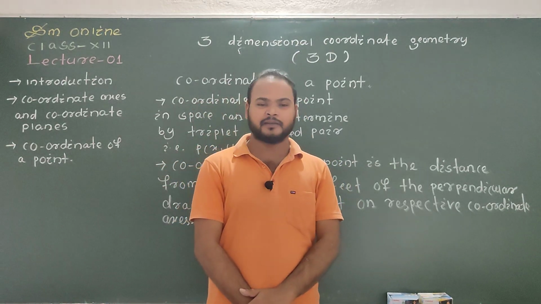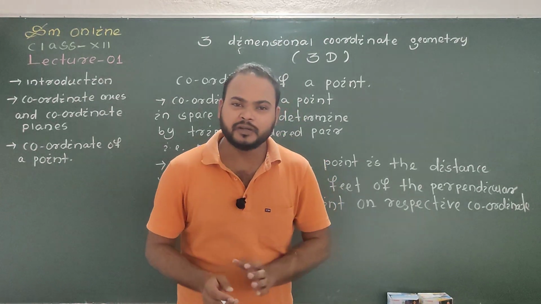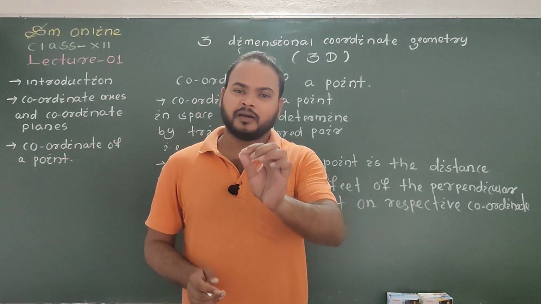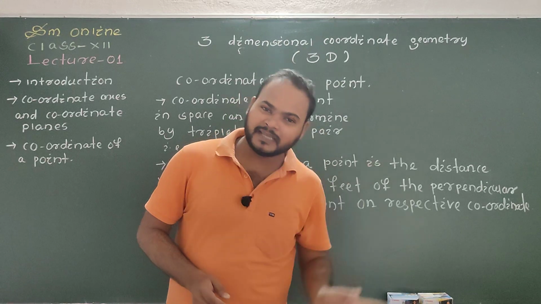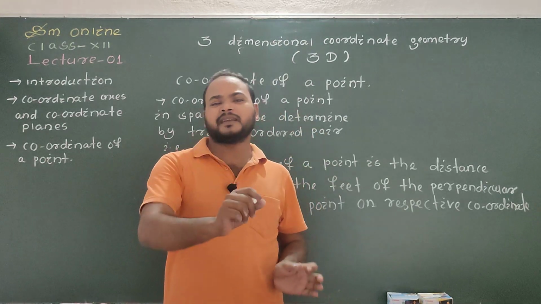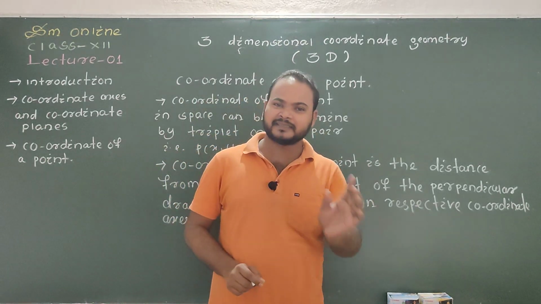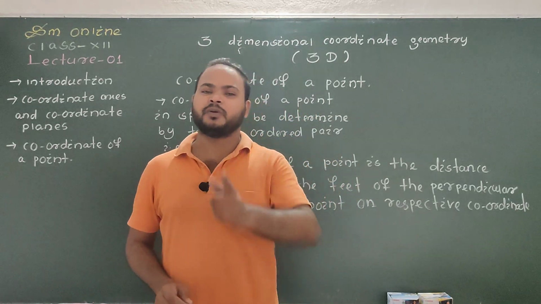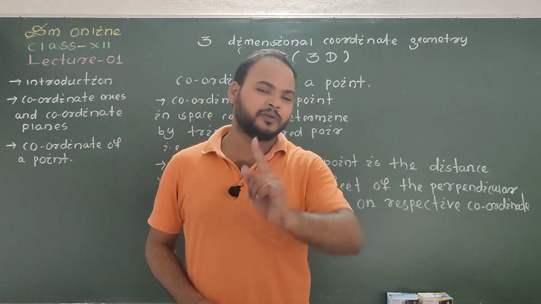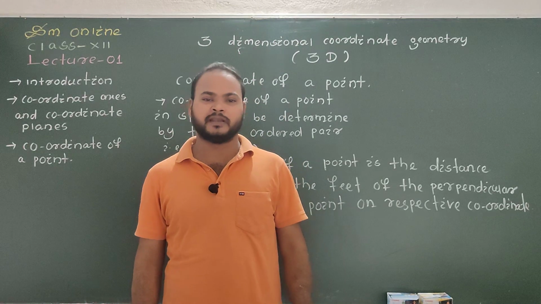Y coordinate. And if we drop a perpendicular from the point P on the z axis, then it meets at a point on the z axis and the distance between origin and that point is known as what? Z coordinate.